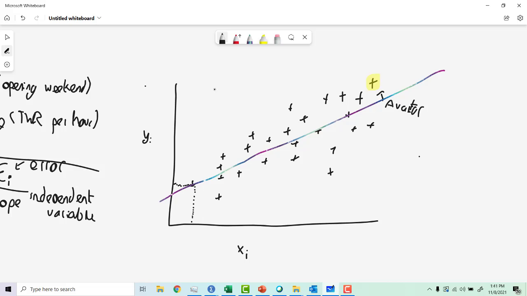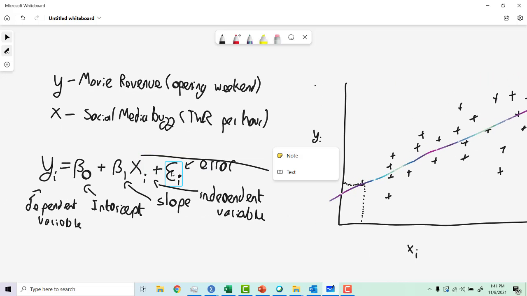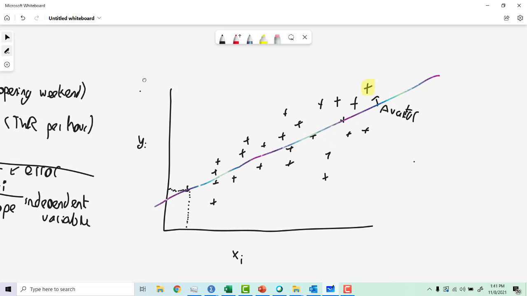Now, let's go back to our equation back here. You see in the equation, we have various things. We have an intercept, we have a slope, and we also have these different errors. So let's write some of these things on.